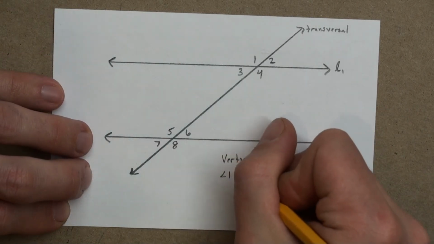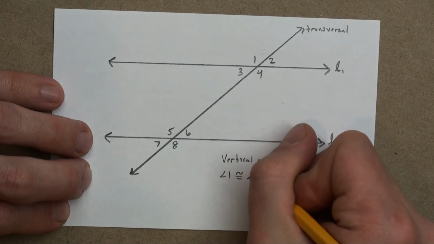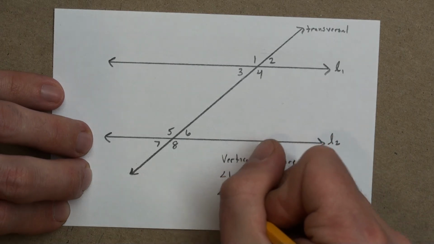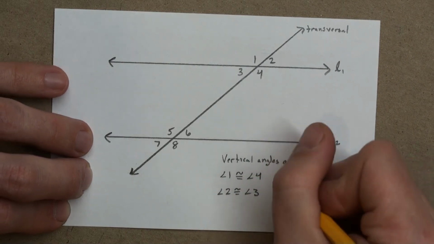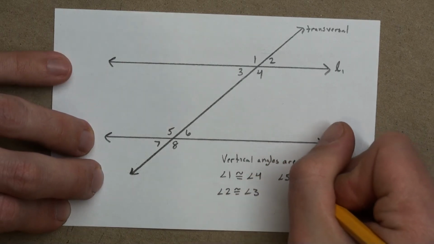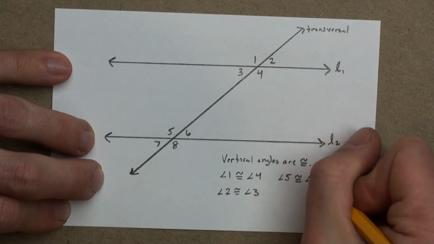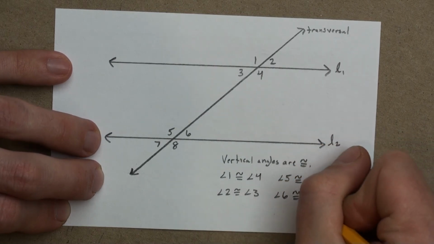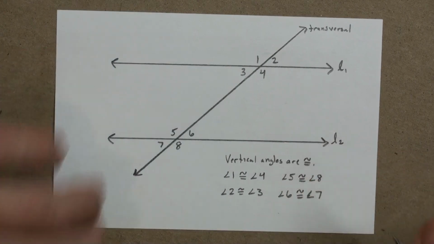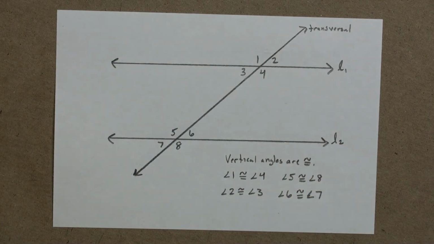That means angle 1 is congruent to angle 4. Angle 2 is congruent to angle 3. Angle 5 is congruent to angle 8. And angle 6 is congruent to angle 7. Okay. Let's see now.